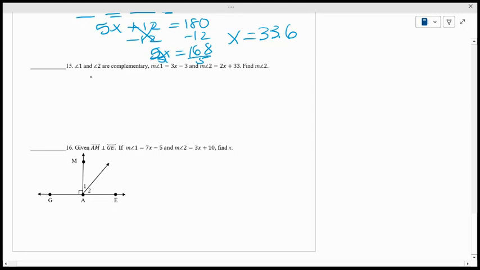Number 15. Angle 1 and angle 2 are complementary. That is easily confused with supplementary. Complementary actually means add up to 90 degrees. So 3x minus 3 plus 2x plus 33 equals 90.